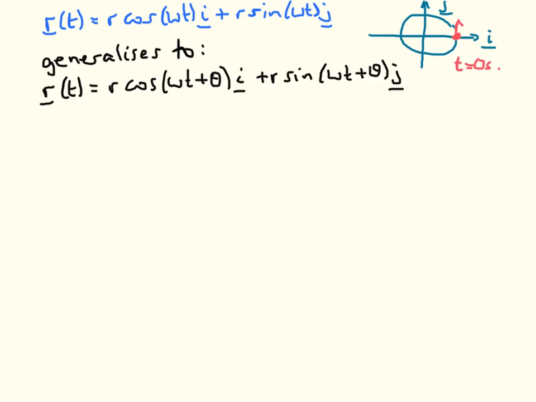So that corresponds, in terms of a picture, to being, say, here, where this is the angle theta at t is 0, and this is still anti-clockwise motion.